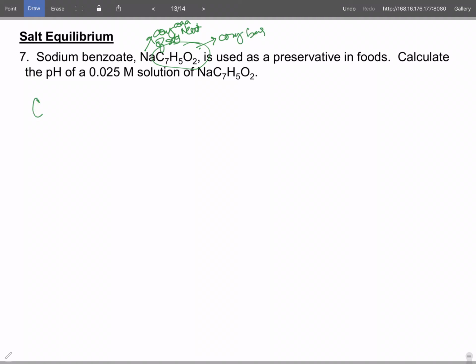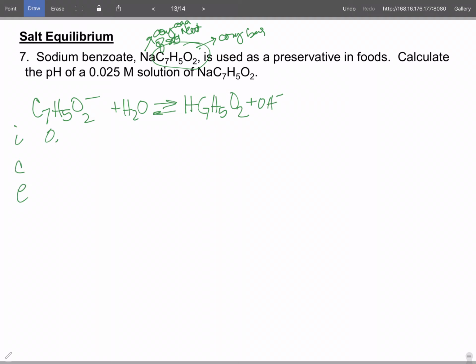So C7H5O2 minus will react with water to produce HC7H5O2 plus OH minus. ICE, in this case, we're given our concentration 0.025, minus X, plus X, plus X. 0.025 minus X, X, and X.